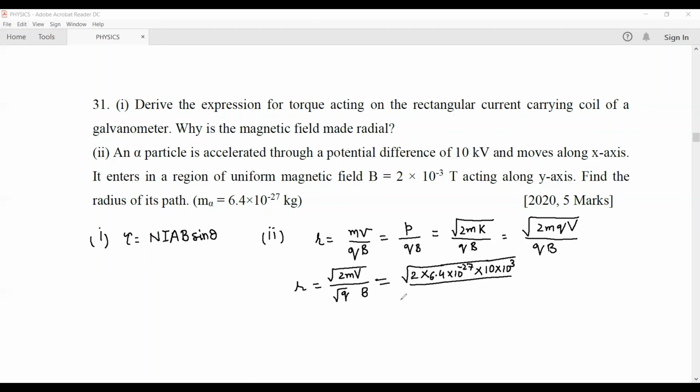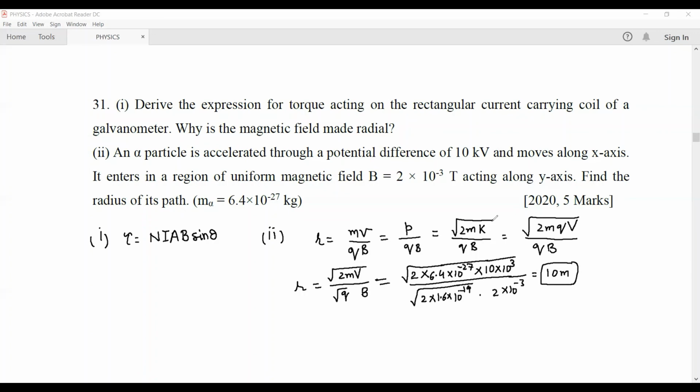Upon under root Q, we know that as it is an alpha particle, its charge will be double the charge of the proton, that is 2 into 1.6 into 10 raised to the power minus 19 coulomb, into the magnetic field, which is given as 2 into 10 raised to the power minus 3 Tesla. On simplifying, we get the answer to be 10 meters. So the radius is equal to 10 meters.